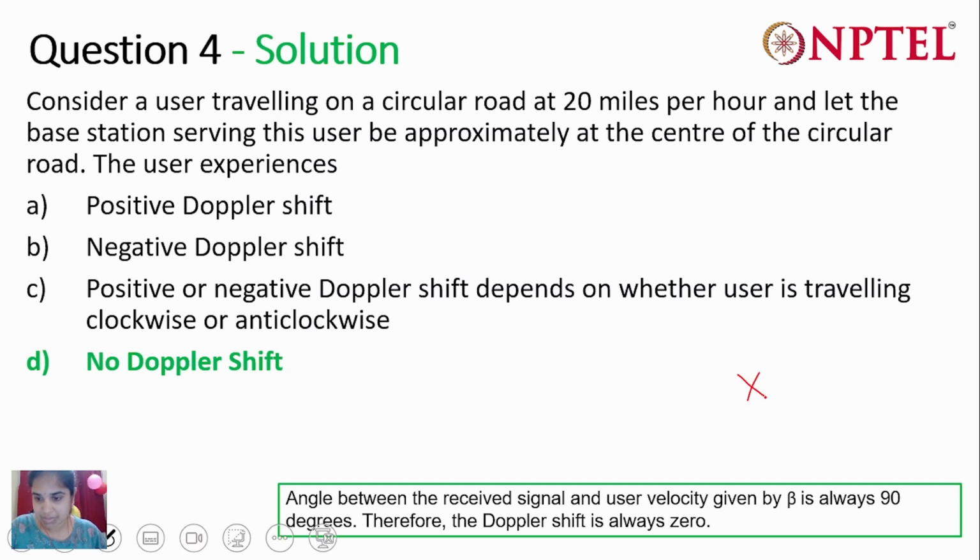We have the base station in the center and the user is moving on a circular road. Say if this is the user and this is the direction of velocity, the angle made by the direction of velocity of the user to the base station will be 90 degrees. So cos theta will be 0. So the answer is no Doppler shift.